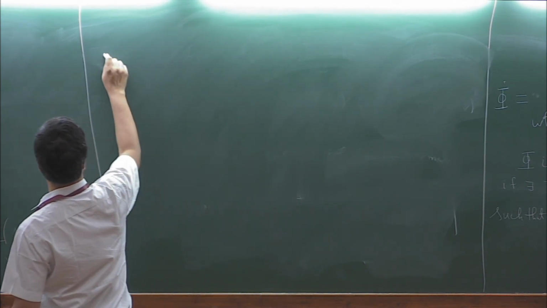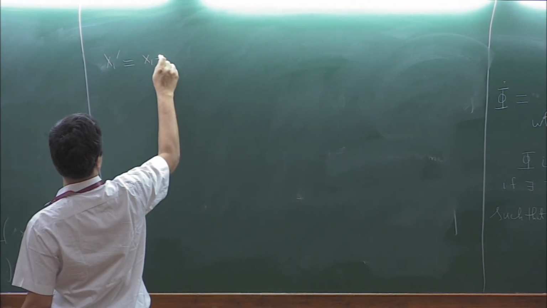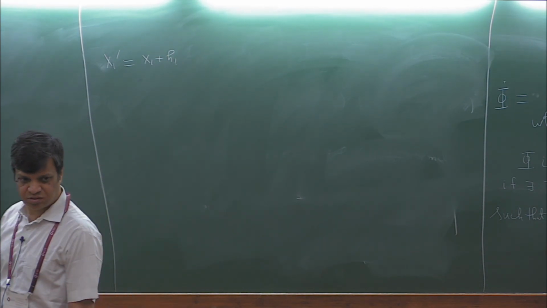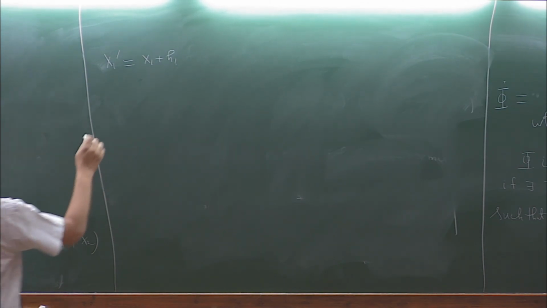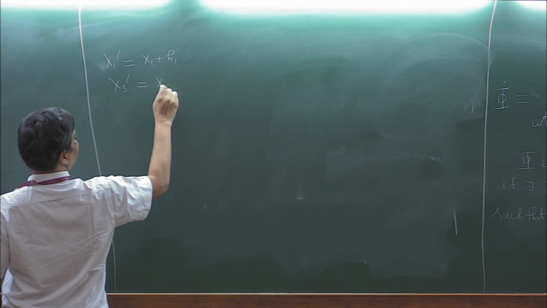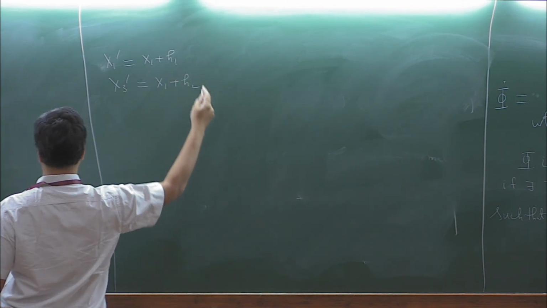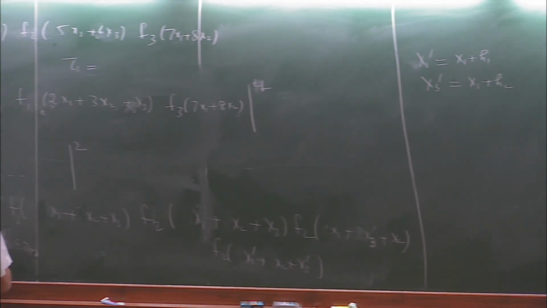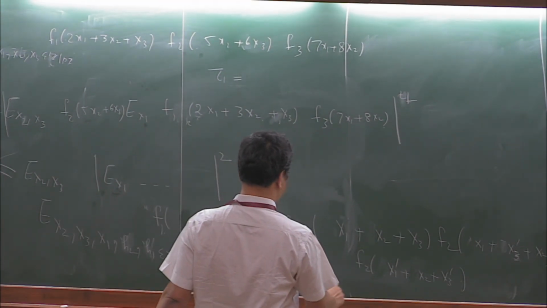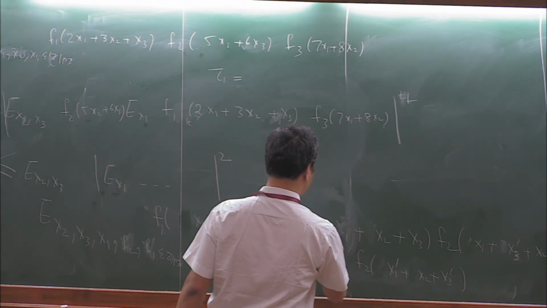Now I will make the change of variable x1 prime equal to x1 plus h1. Similarly, x3 prime is equal to x1 plus h2. Okay, whatever. So here it will be x1 plus h1.